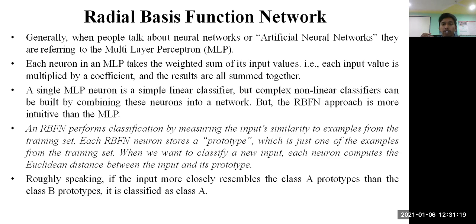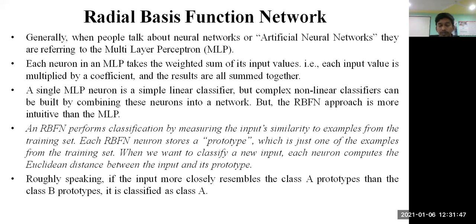Initially from the training data set, a point will be taken and a prototype will be formed. Whenever a new point is given as an input to classify, the Euclidean distance is computed between the input value and the prototype value. With respect to that, a decision will be made whether the output you're getting is correct or not. It is similar to your KNN classification algorithm.